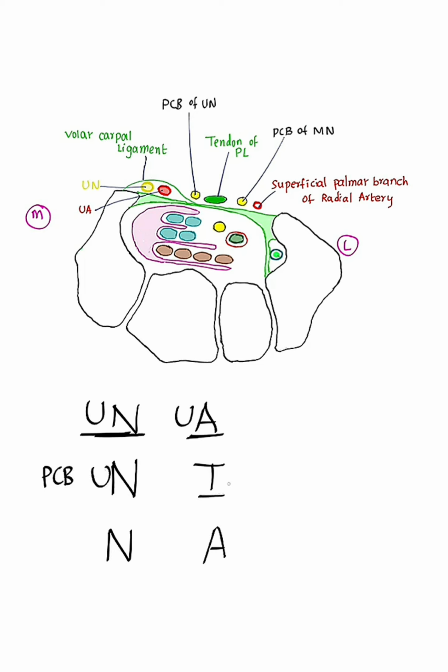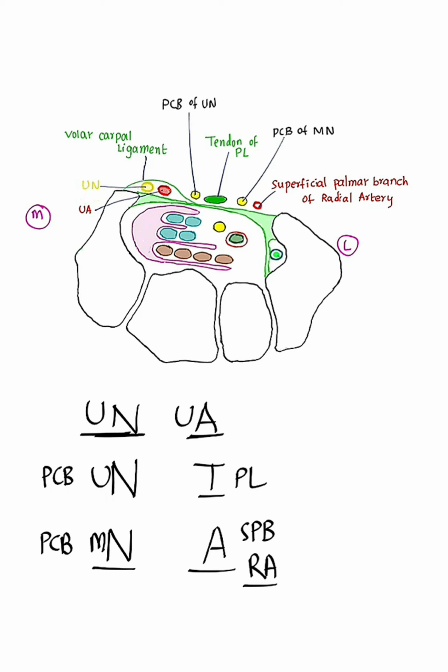T: tendon of palmaris longus. N: palmar cutaneous branch of median nerve. A: artery, superficial palmar branch of radial artery. From medial to lateral, NA. Nerve, artery: ulnar nerve, ulnar artery.